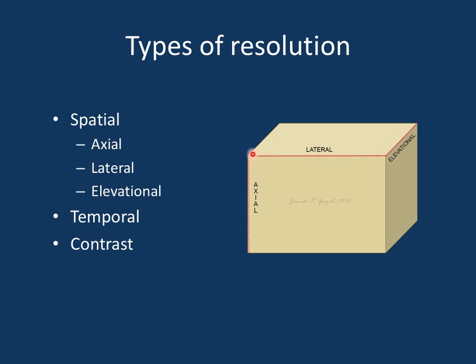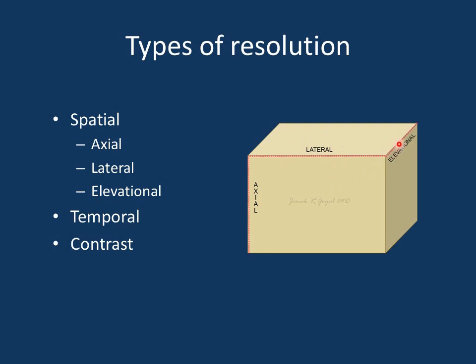If you are looking at your resolution along the depth of your tissues, that is called axial resolution. But if you're looking along the long axis of your transducer face, that resolution is called lateral resolution.